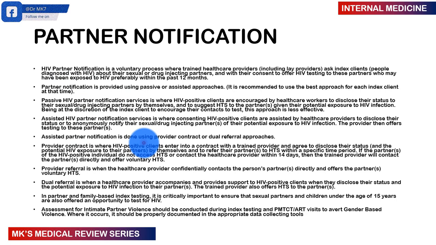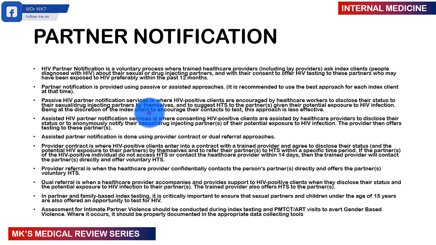The passive one is where you, the healthcare worker, encourage the HIV positive patients to disclose their status to their sexual partners, and to their injecting drug using partners. And then you advise them to tell those people to get testing services because they could potentially be exposed to HIV infection.